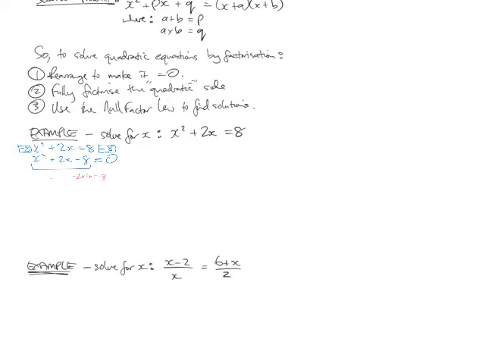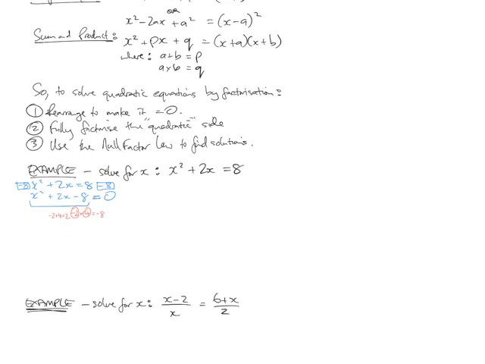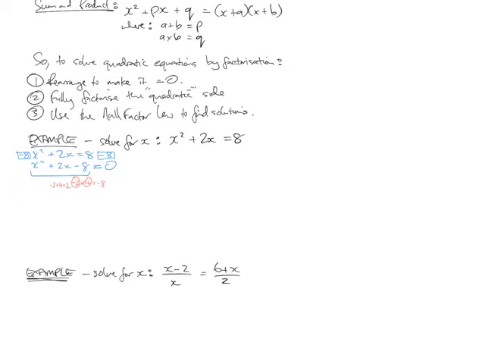Negative 2 plus 4 makes 2, so that's what I'm after: negative 2 and 4. Now that I've worked out what a and b are, I can factorize it. This is going to be x take 2, x plus 4 is equal to 0.